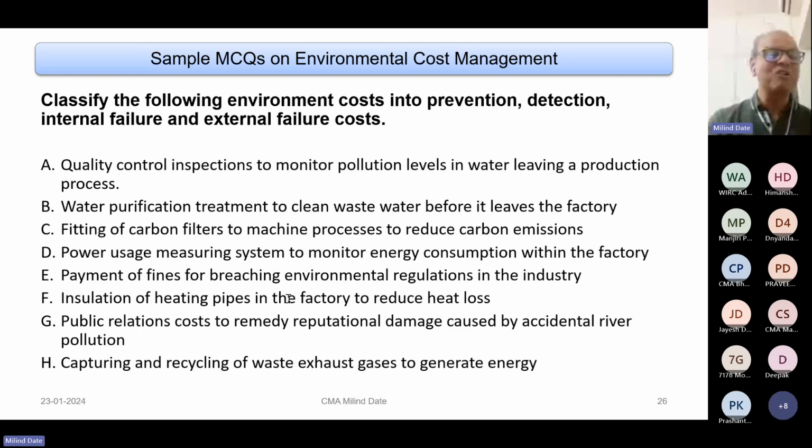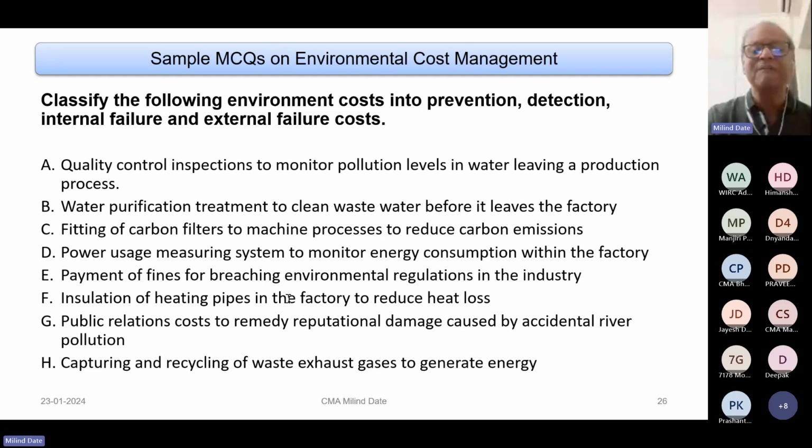Neither have you made any efforts to rectify the scenario, and therefore the law has charged fines, external failure cost. This is how you should be logical and then answer these type of questions. Of course, this is not a multiple choice. This is more to check our understanding of the way we classify environmental costs.